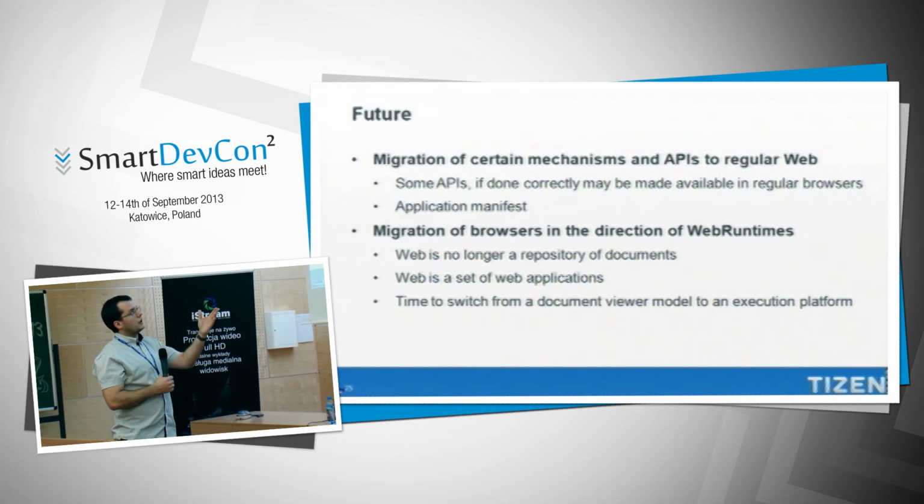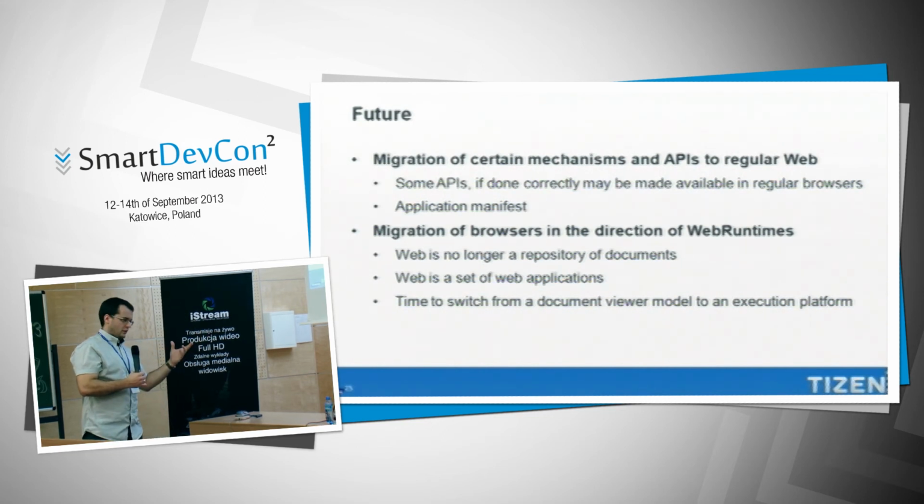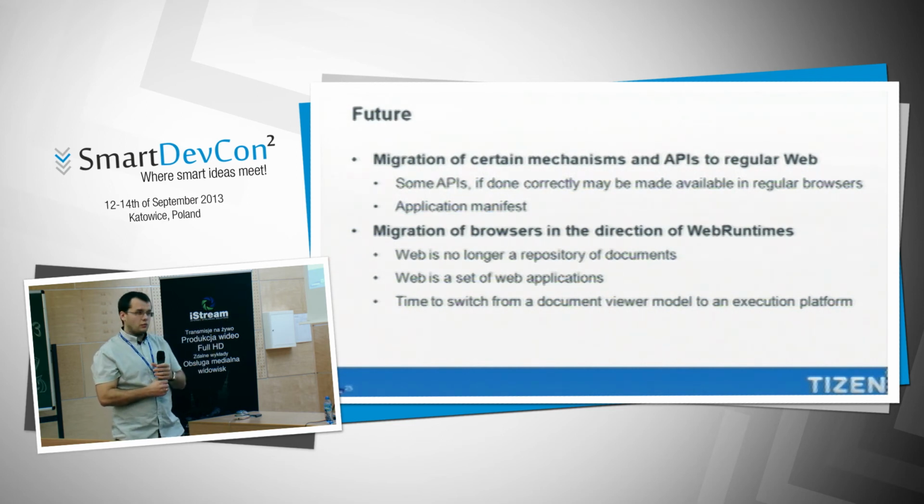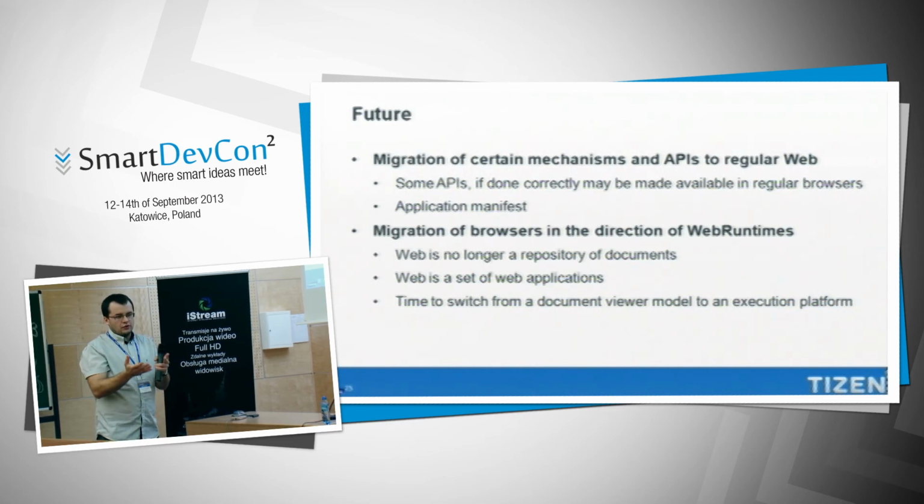We have to remember that web browsers were once created to be document viewers, and the web was just a large library of online documents. It's no longer like that. It's a set of web applications. Wherever you go, whichever site you open, you're not actually getting a document, because there's an application server behind it.